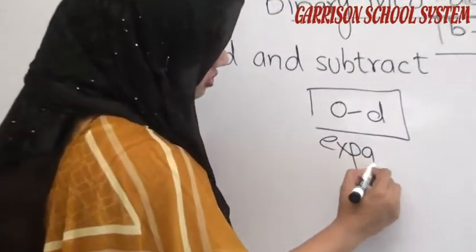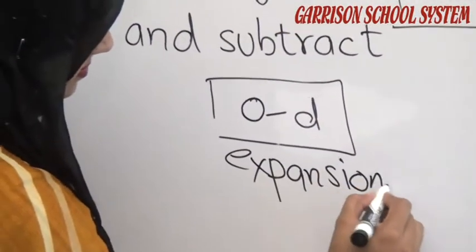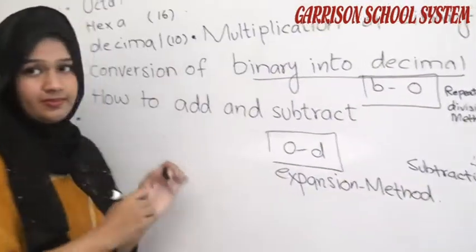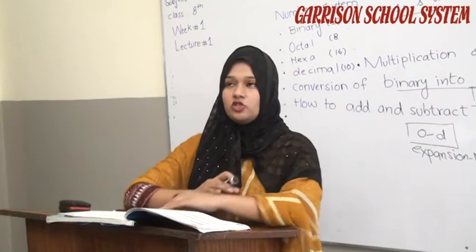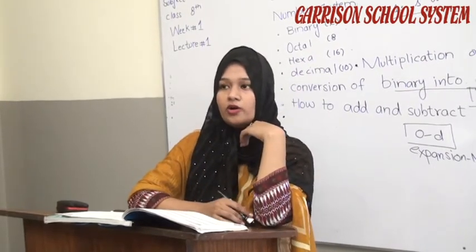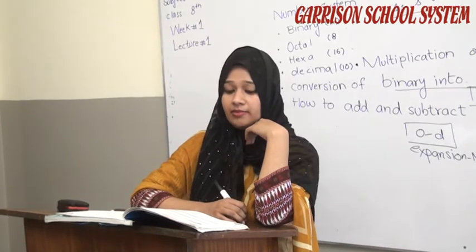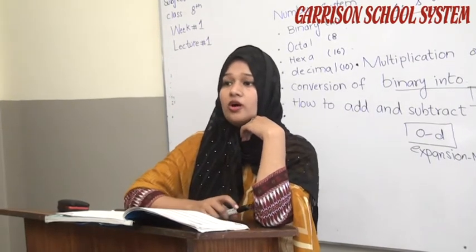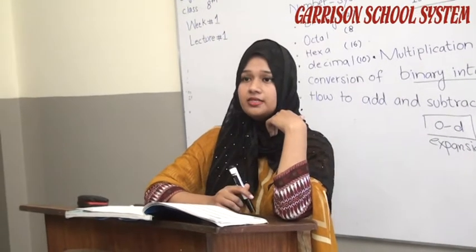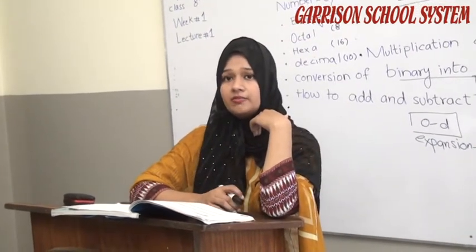In this topic, conversion of octal number into the decimal number system, first of all you will know the octal number system base, and second the decimal number system base. The octal number system base is 8 and the decimal number system base is 10.